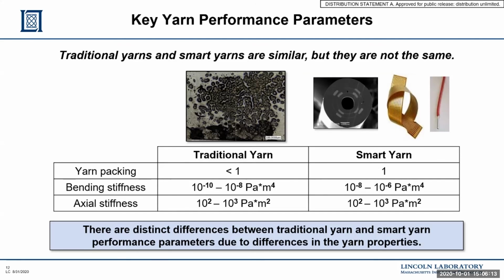A traditional yarn and one with electronic functionality having different behavior, one being stiffer than the other, is by no means a revolutionary idea. But what we're trying to do with this work is really quantify those differences, such that we can better understand and address the requirements a smart yarn needs to meet in order to have a more seamless integration with traditional yarns. Next slide, Chris.